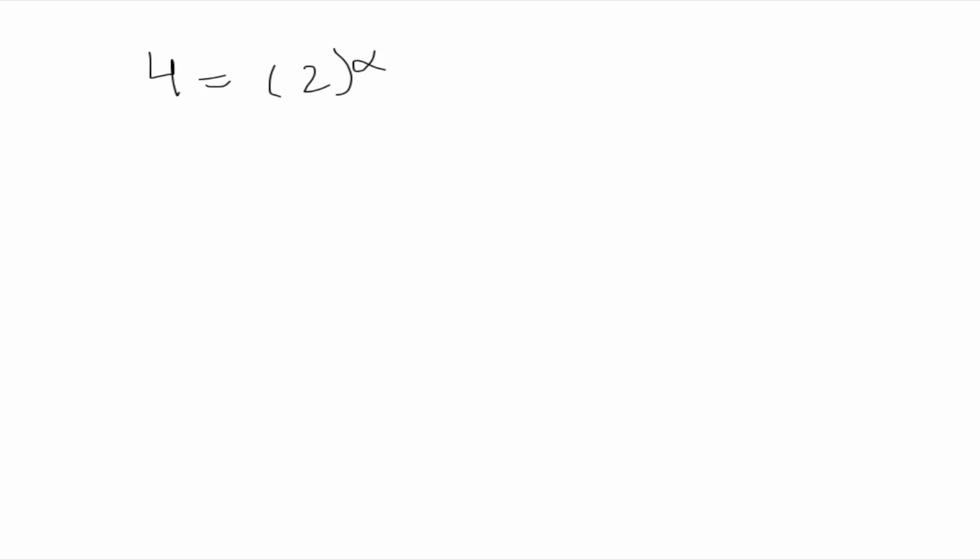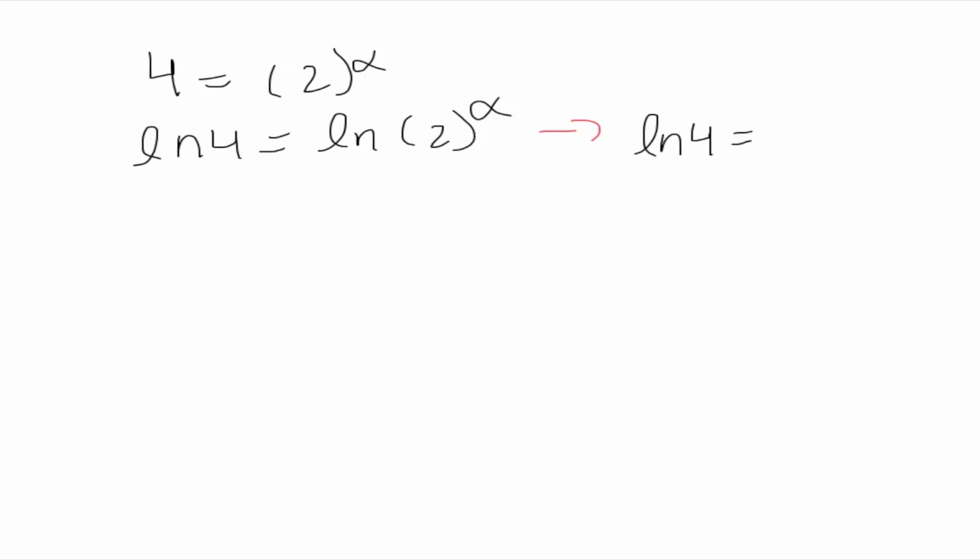The way this is solved is by using a natural logarithm. We add it on each side, so we'll get ln 4 is equal to ln of 2 to the alpha. This lets the alpha come down, meaning that it will be ln 4 is equal to alpha times ln of 2.